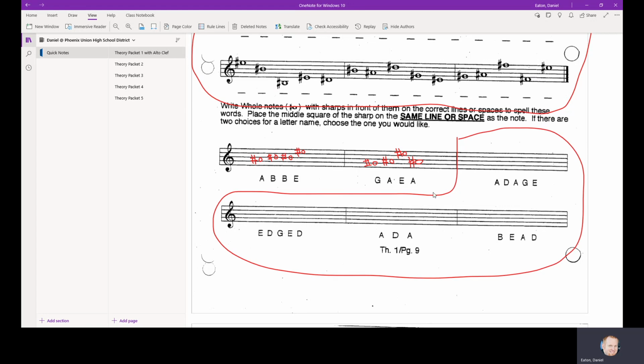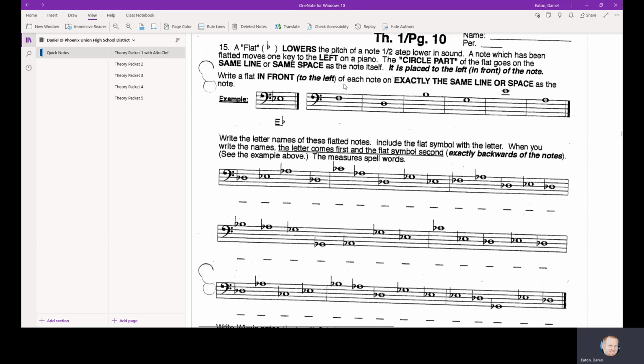But this is kind of nice because I can immediately see whenever you draw this in your respective pages. I can actually see you doing the work. So if you're stumped on something, I can jump in there and be like, oh, you're drawing this in the wrong space. Let me help you with this. So doing it in OneNote is kind of nice because we can both see the work that you're doing, okay? All right, so that's how you do sharp signs.